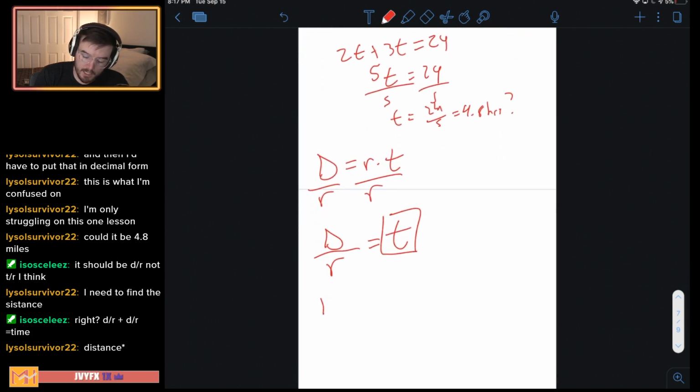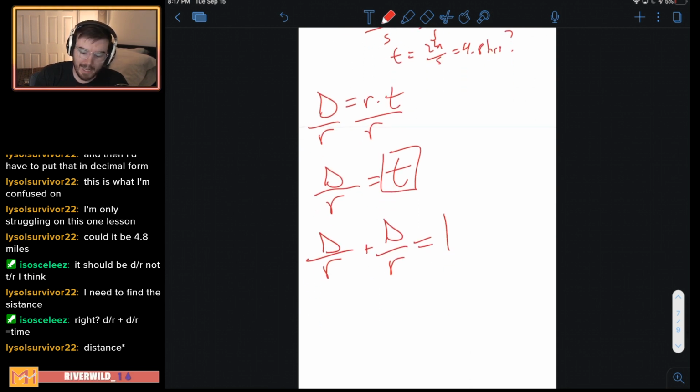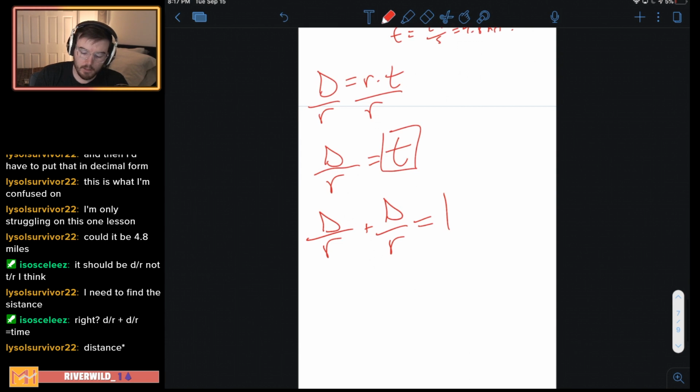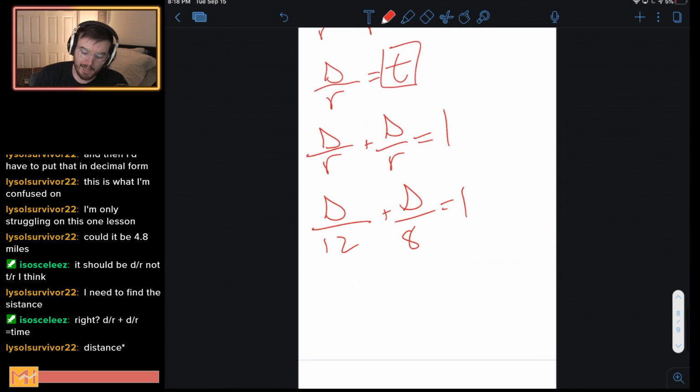So the time to get to work plus the time to get back home equals 1 hour. The distance to work, we don't know, but we know we're going 12 miles an hour. The distance home, we don't know, but we know we're going 8 miles an hour. We know these two things are the same, so I'm not using a different variable. I'm using the same variable. And in the end, it will equal 1 hour.